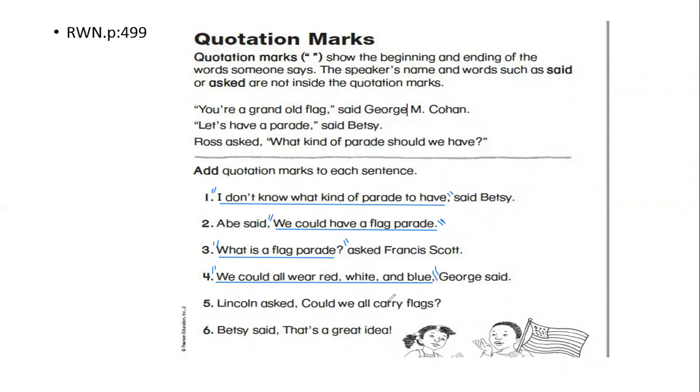Could we all carry flags? Langland asked. What's his direct word? Yeah, could we all carry flags? This is his direct speech. We can use quotation marks here. She said, that's a great idea.